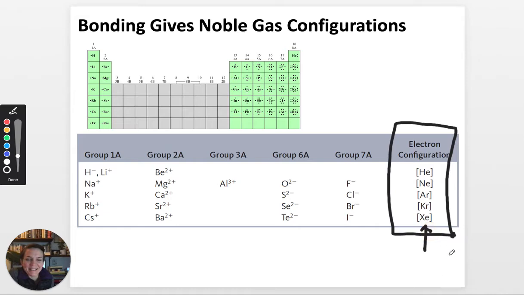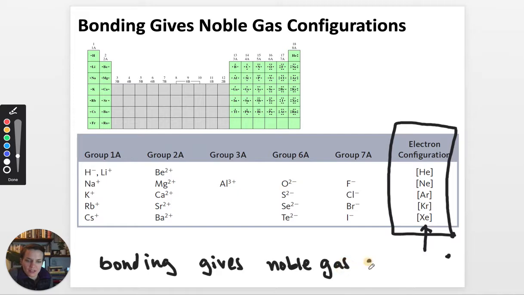Okay, so the real takeaway from the last lecture, one of the takeaways, was that bonding gives noble gas configuration.